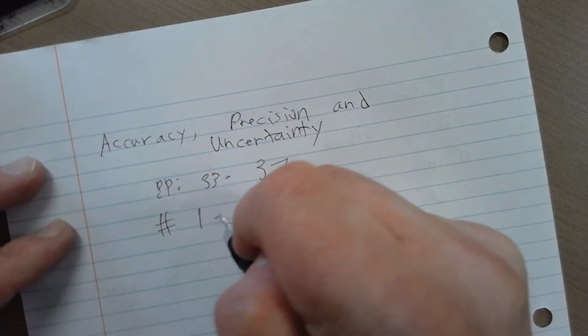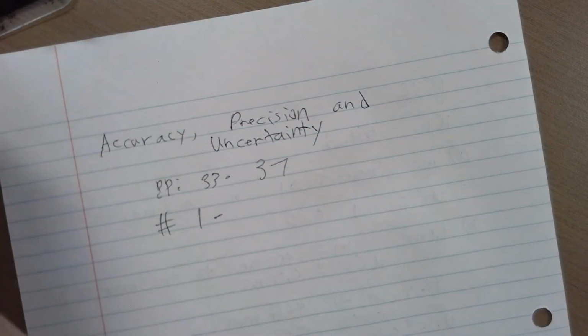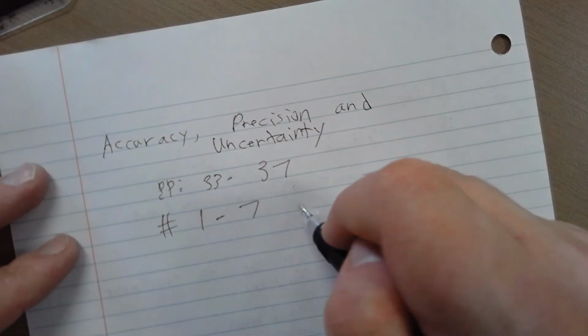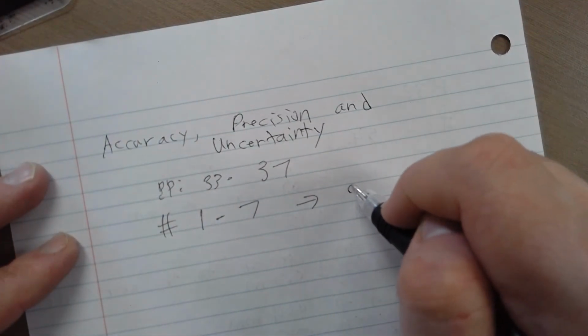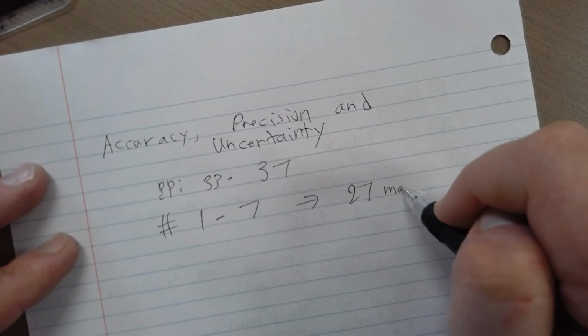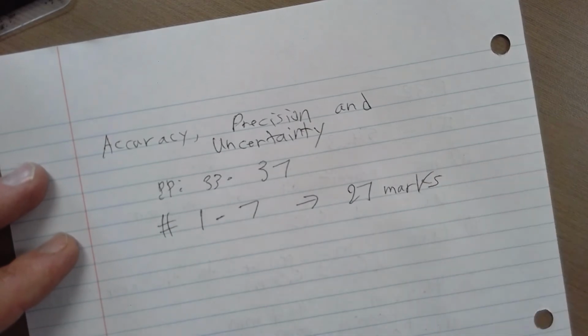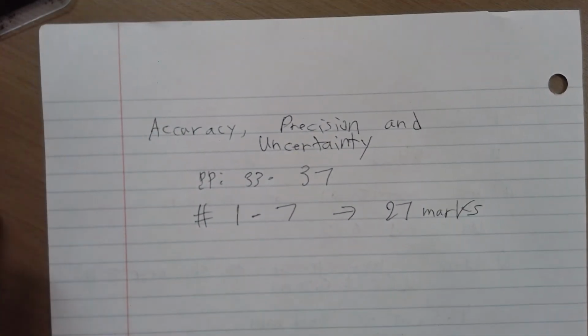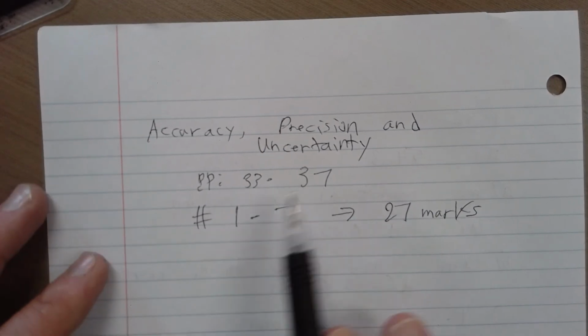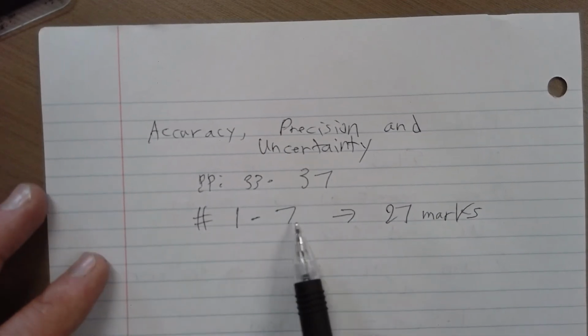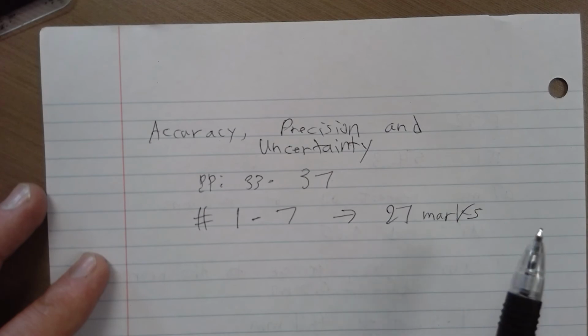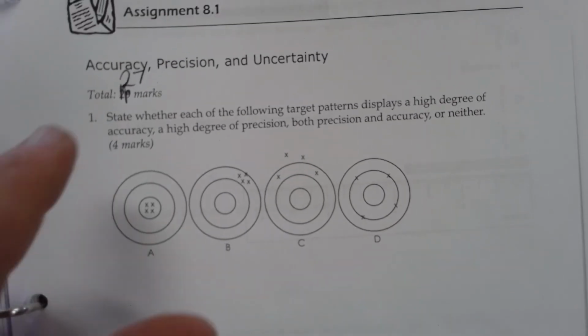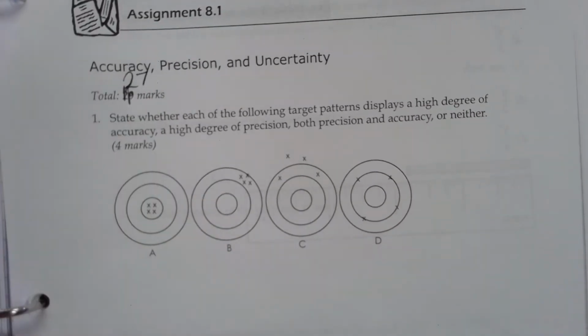We're doing questions 1 to 7. We're skipping question 8, and it will be worth 27 marks. Accuracy, precision, and uncertainty, pages 33 to 37, numbers 1 to 7, 27 marks. There it is. Cross out the 29, replace it with the 27.